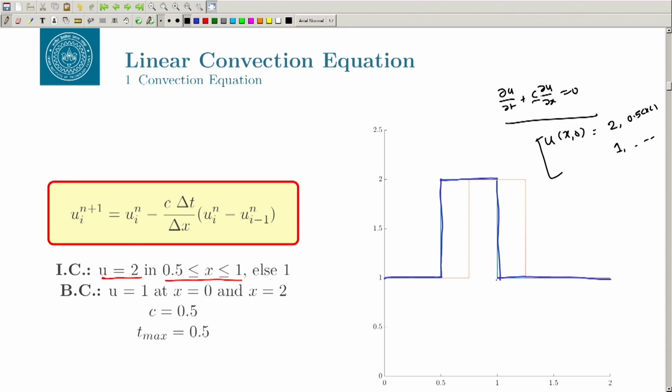We also need to set up the boundary condition, because as you have discussed, at this end and this end we need the boundary condition. You can use a periodic boundary condition, for example, where it is basically circulating, or here what we are doing is using this value as 1.